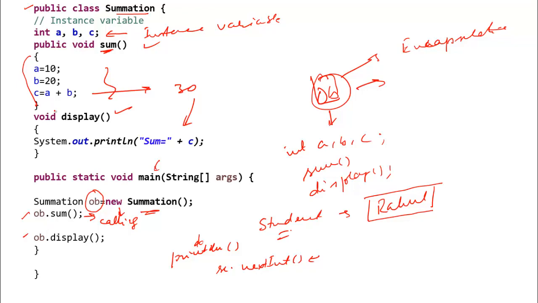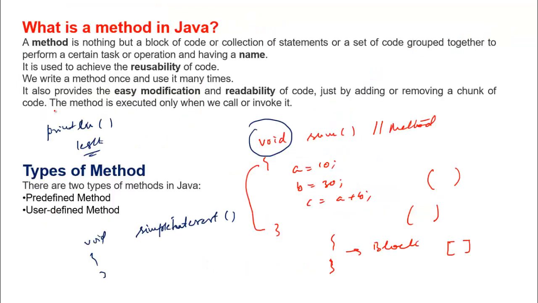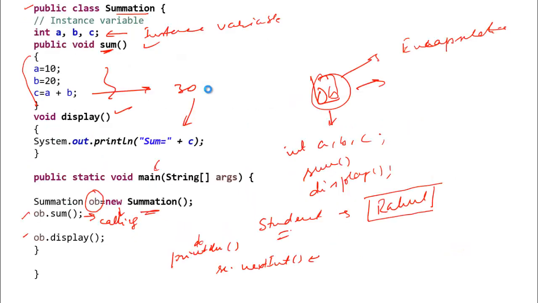The benefit is reusability. You can reuse the code, and it improves readability. If I want ob.sum again, I can call it again and again, so we don't write this code again and again.